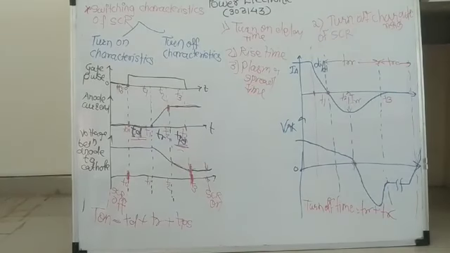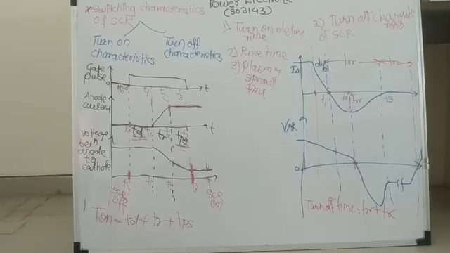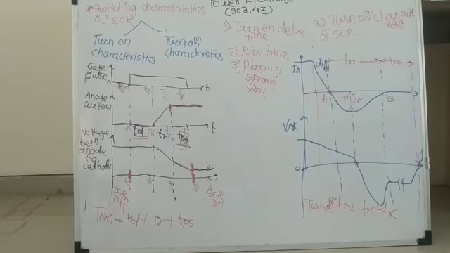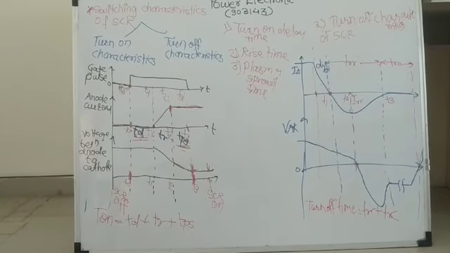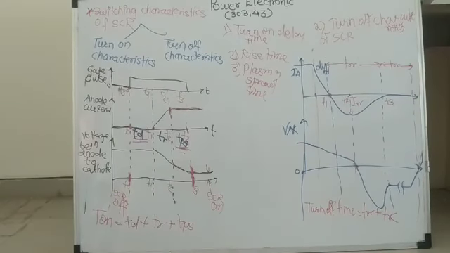Now here, circuit turn off time and your SCR turn off time are totally different. But this is the important concept at the time of turning off the SCR. Only turning off the SCR is not enough, we have to completely turn off the circuit also.